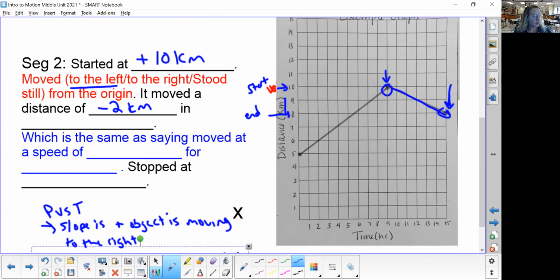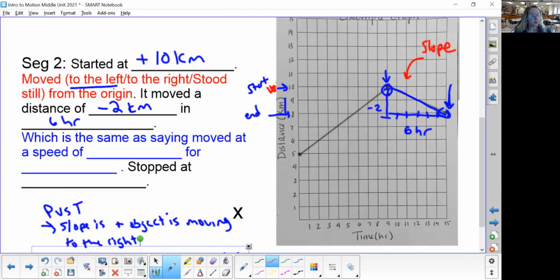And you can look at it, it moved 1, 2, that's the change in Y. And then it did that in 1, 2, 3, 4, 5, 6. So negative 2 here, and then 6 hours. Now, this is the same as saying it moved at a speed of, so if we find the slope of the line, slope is speed.